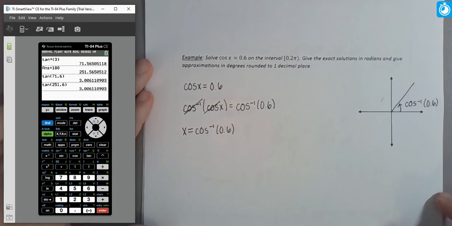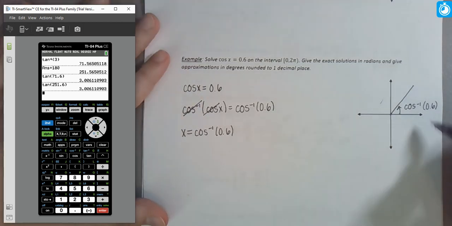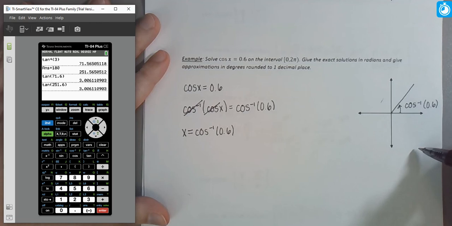Cosine and sine don't work that way. What we have to think of now is what quadrant we would have to be in to find other values where cosine is positive. In other words, the x-coordinate at that radian measure is positive. Well, the other quadrant that has positive cosine values is going to be quadrant 4.